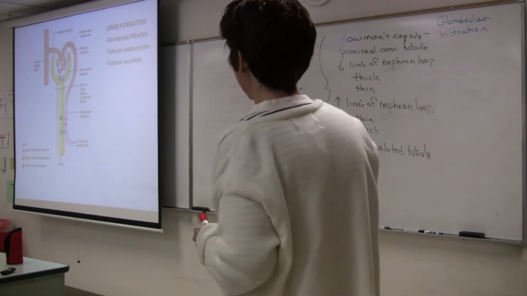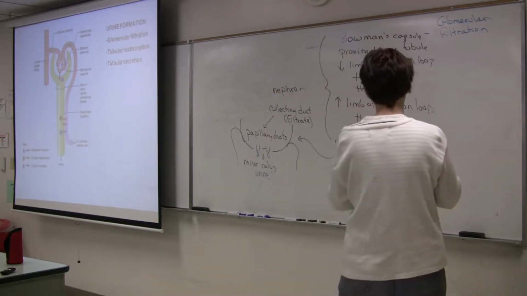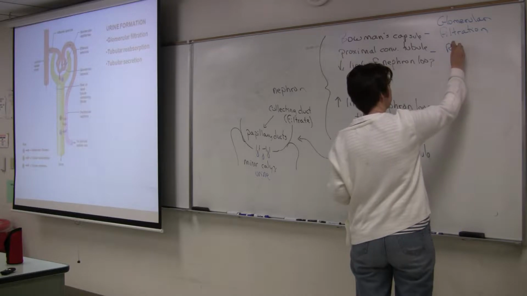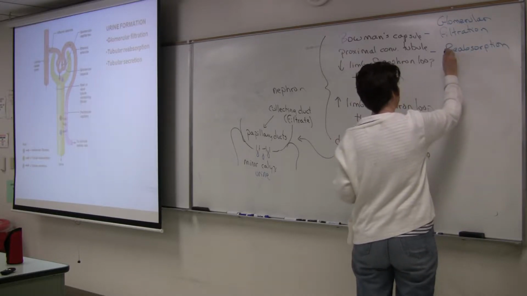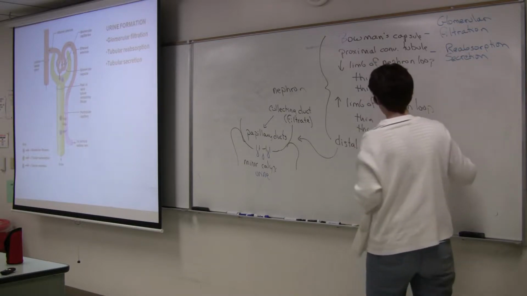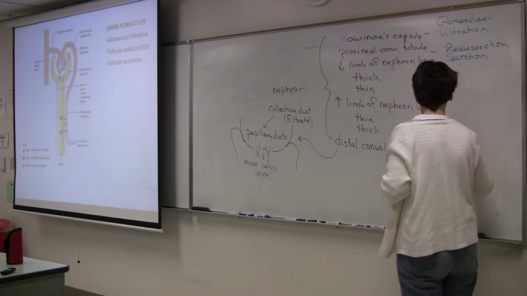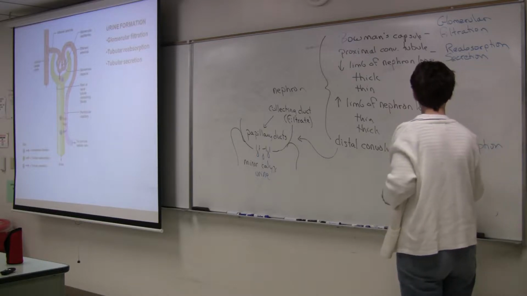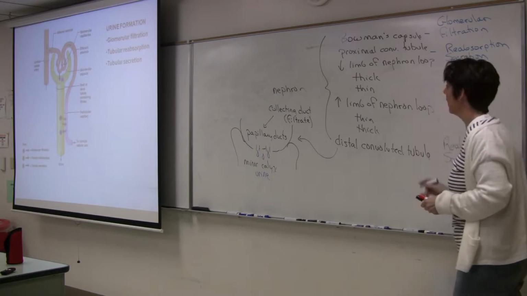Filtration occurs at the capsule. In the proximal convoluted tubule, we do reabsorption and secretion. And then again at the distal convoluted tubule, we do reabsorption and secretion.